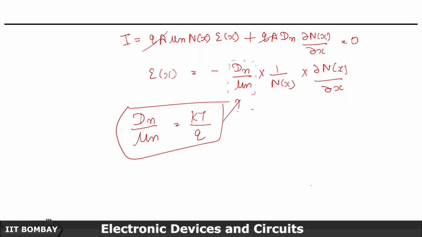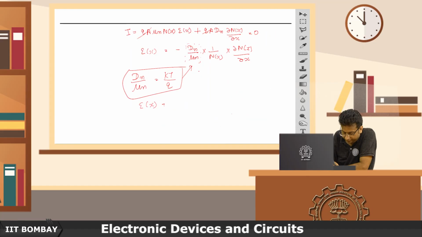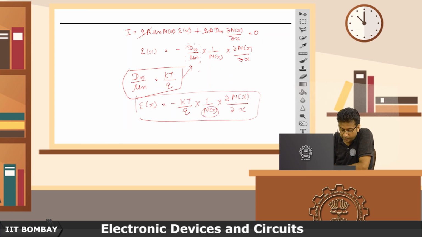If we just plug it in here, the expression for the electric field comes out to be minus kT by q multiplied by 1 by n(x) into the derivative of n(x). Now this is the expression for the electric field, which depends, you can see, only on this doping profile.